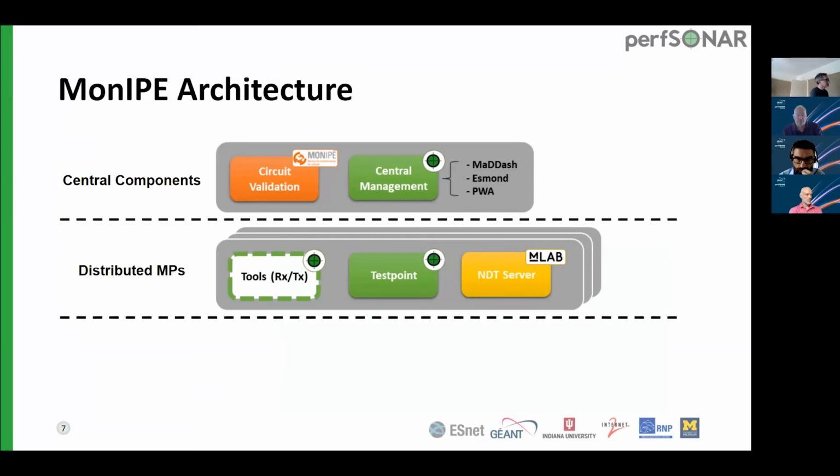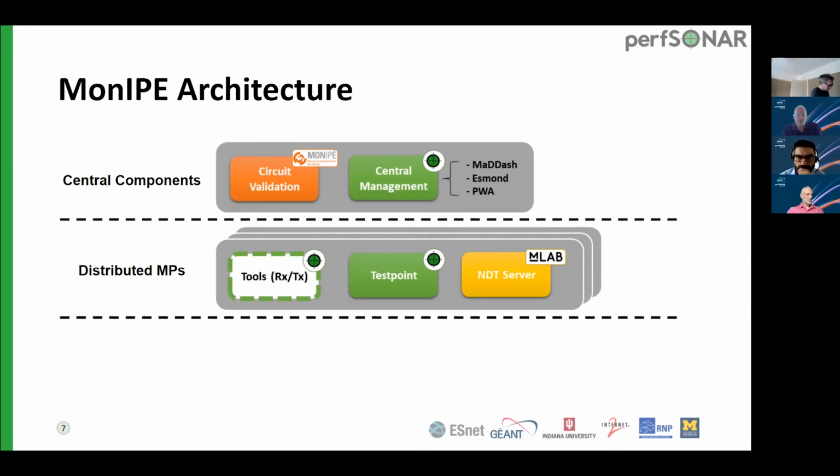We also have this circuit validation portal, which I will explain a little more on how it works. And on the POPs, we have a host with different containers for running the recurrent measurements from perfSONAR, the circuit validation test, and also an NDT server from M-Lab to run some speed tests.